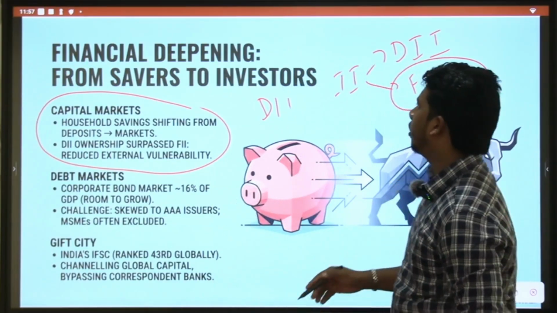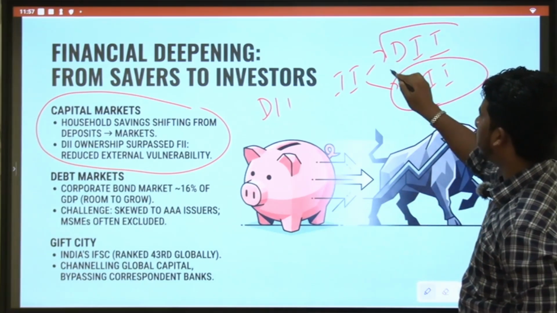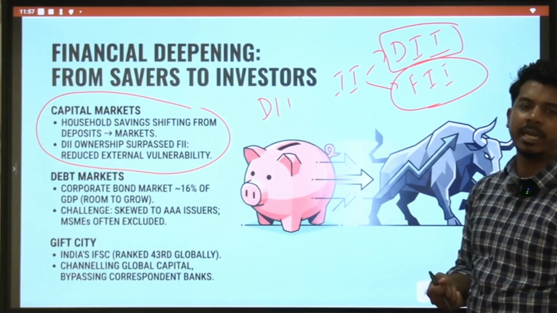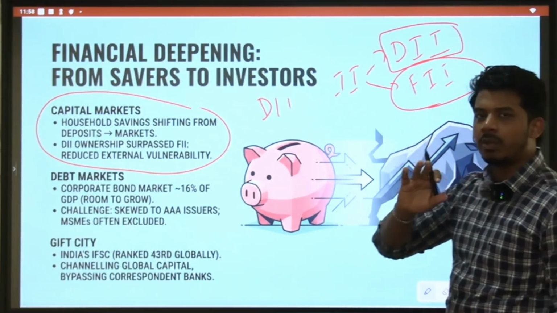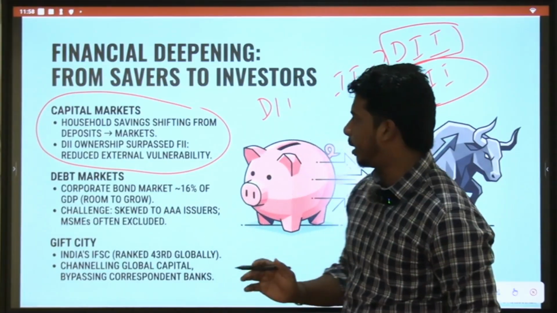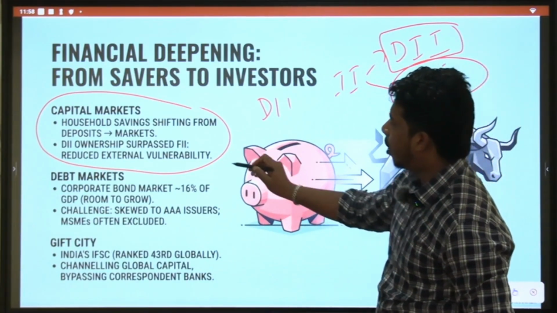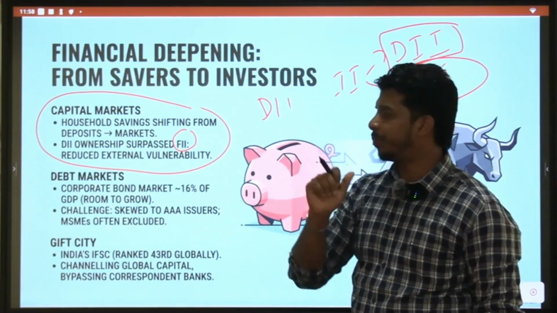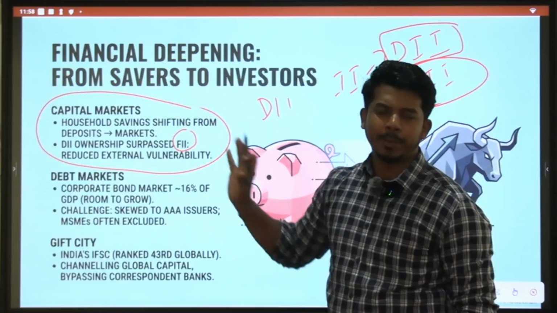On the other hand, if you rely on the investment of domestic investors, people who are living in India, they are usually not affected by external conditions. They are safe. Previously, till now, the share of foreign institutional investors in our capital markets has been higher.